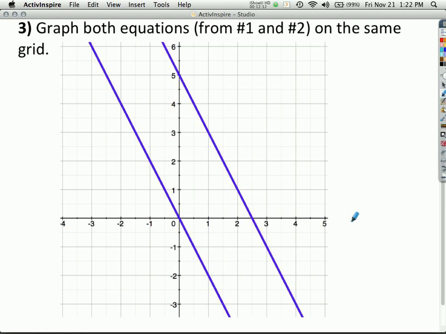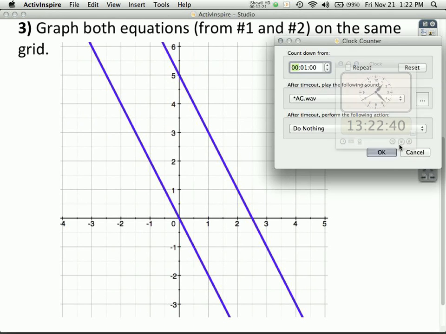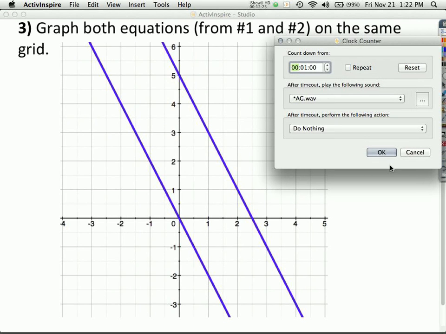You got 1, 2, 3, 4, 5, 6 people who think that they can prove it. Okay, put your hands down. Now I want you to take a minute and I want you to come up with a way to prove it.